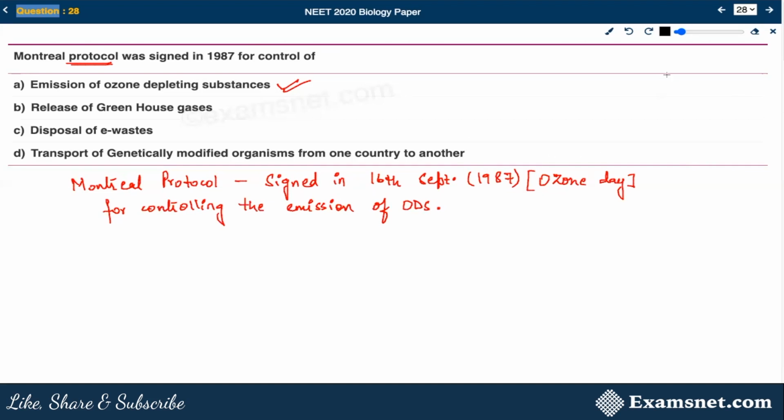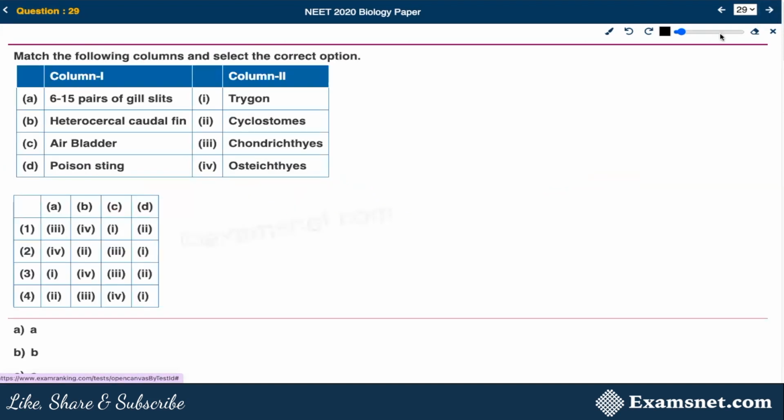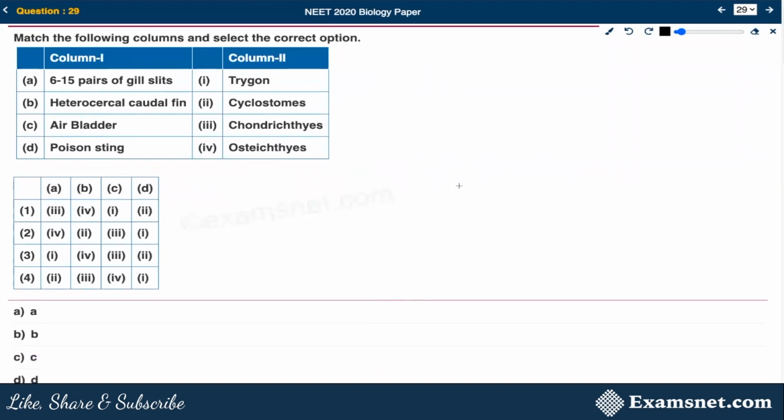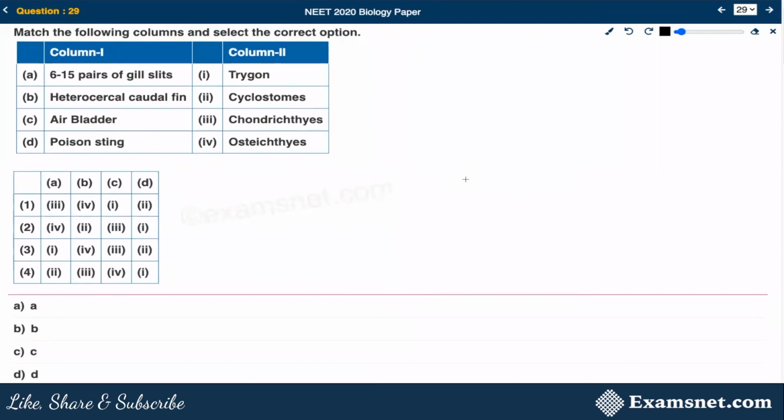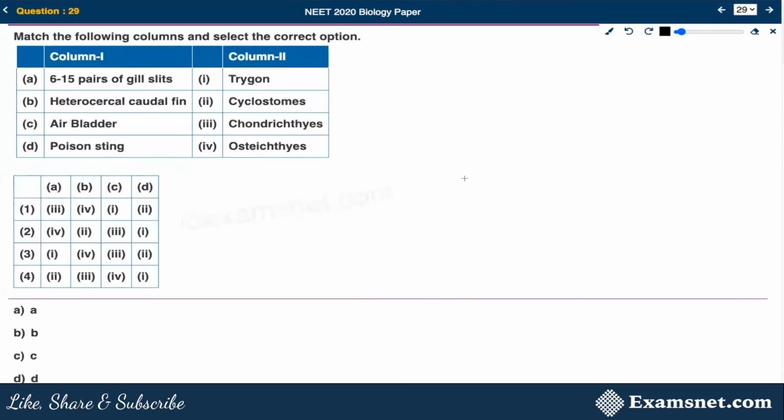All right. Now, the next question is that you have to match the following columns and select the correct option. You have to do that part. So let us look into column first and then column second.